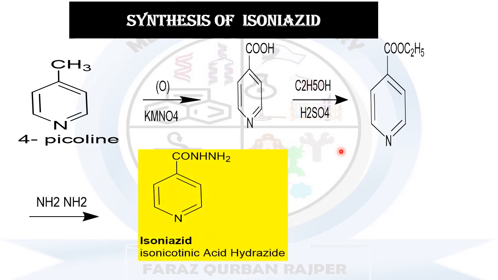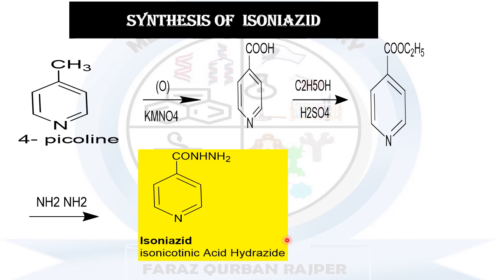After this, in the next reaction, the ester is reacted with hydrazine. Hydrazine is the one in which two nitrogens are connected, and now ultimately isoniazid will form. Isoniazid is basically isonicotinic acid hydrazide.